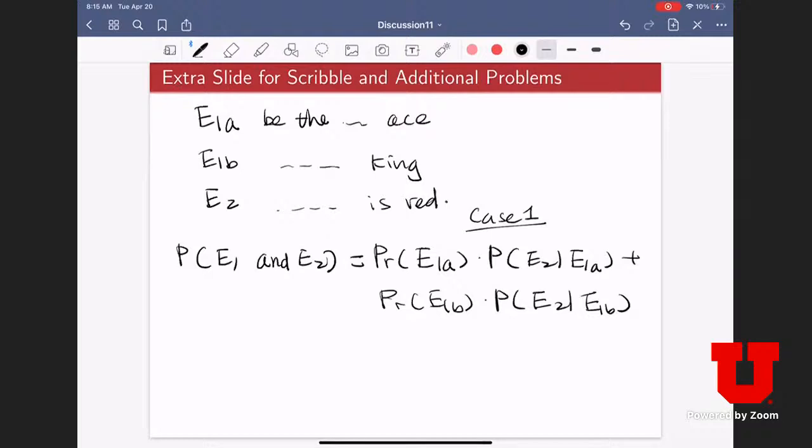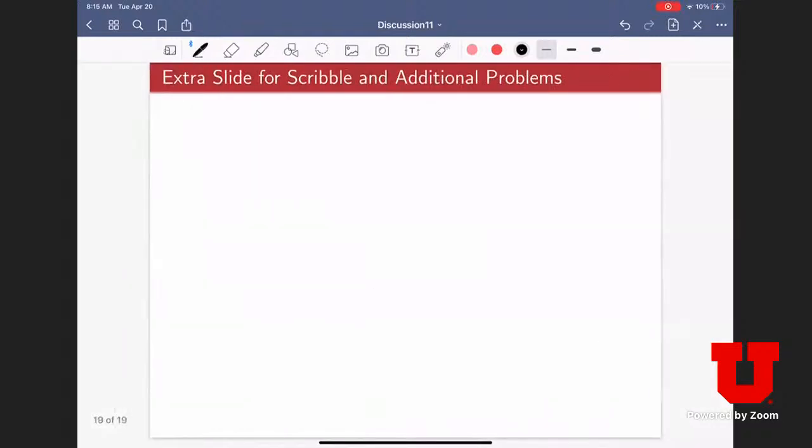Let's use different variables to represent that.